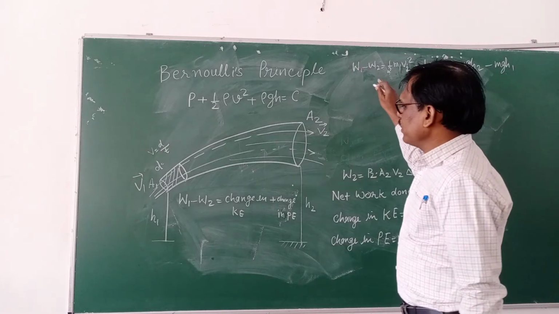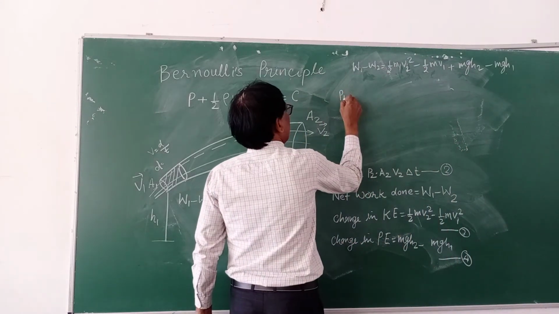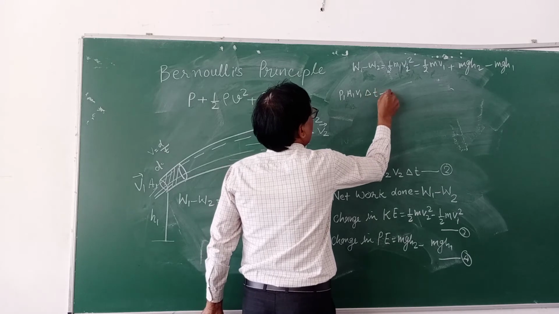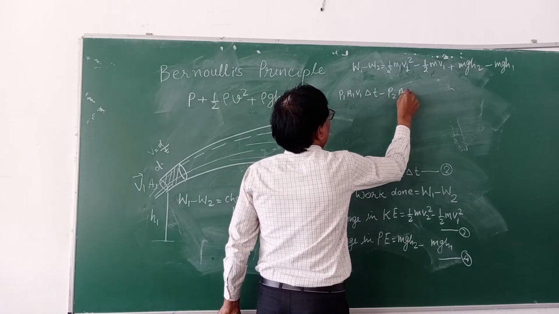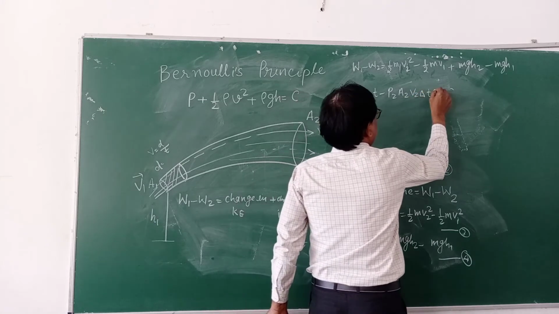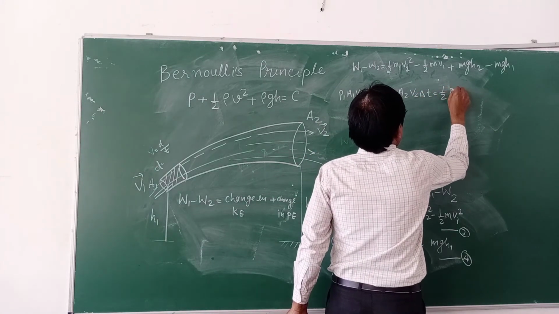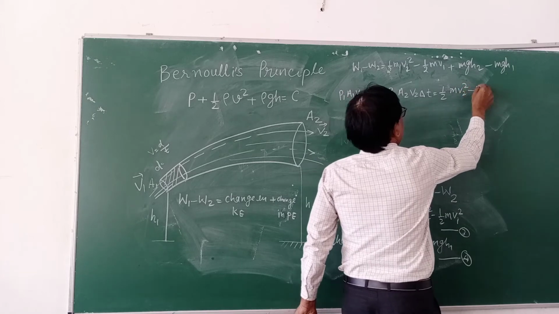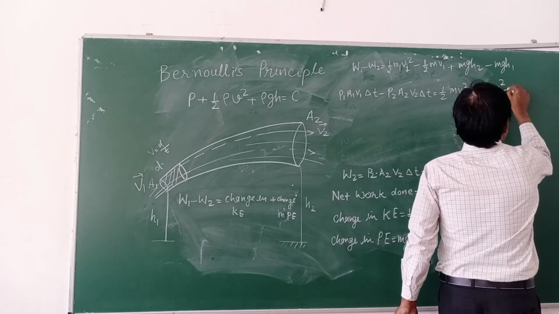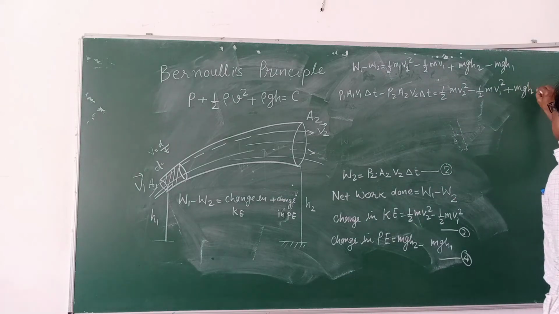Put the value of W1 and W2. W1 is P1 A1 V1 del T minus P2 A2 V2 del T, which is equal to half m v2 square minus half m v1 square plus mgh2 minus mgh1.